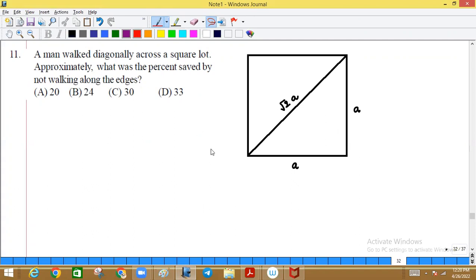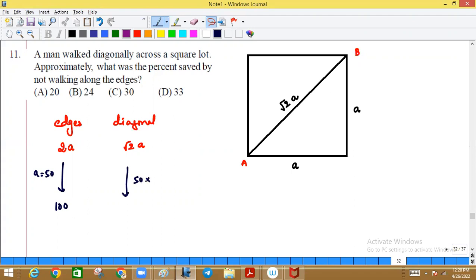If you walk along the edges from A to B, it will be what? 2a. Along the diagonal, root 2a. Put a equal to 50, to make it simple, that's all. 100, and 50 into 1.4, that is 70.